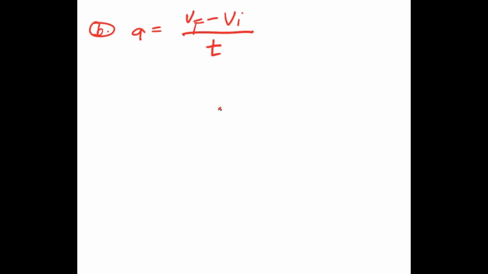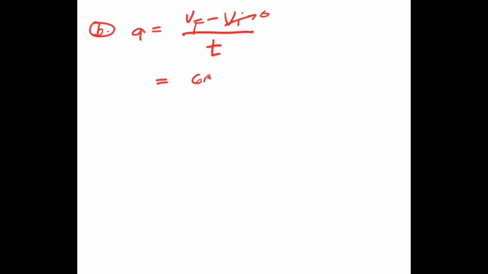Okay, let us solve for its acceleration. Acceleration is v final minus v initial all over the elapsed time, delta t. The initial velocity is again 0.